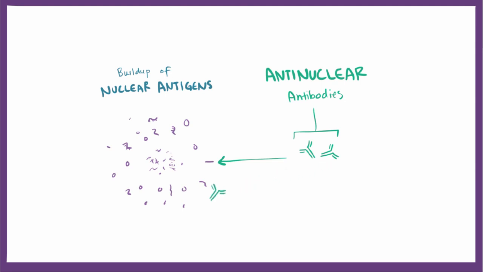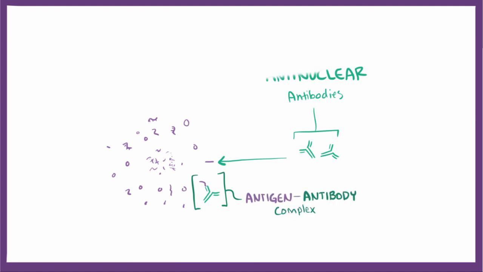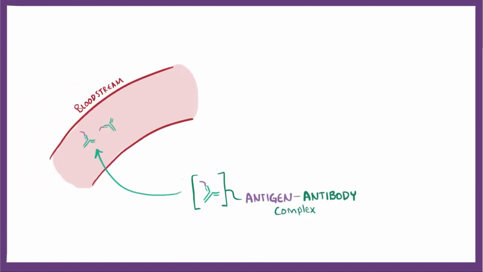All right, so those anti-nuclear antibodies bind to the nuclear antigens, forming antigen-antibody complexes. These complexes can get into the blood and then drift away and deposit or stick to the vessel wall in all sorts of different organs and tissues, like the kidneys, the skin, the joints, and the heart.